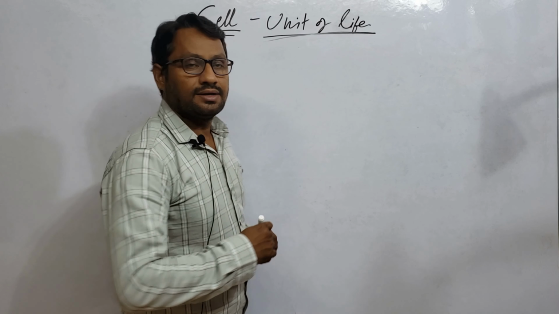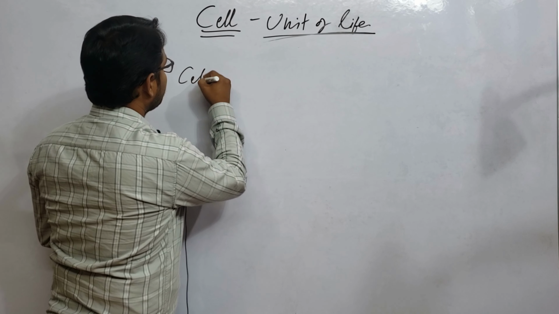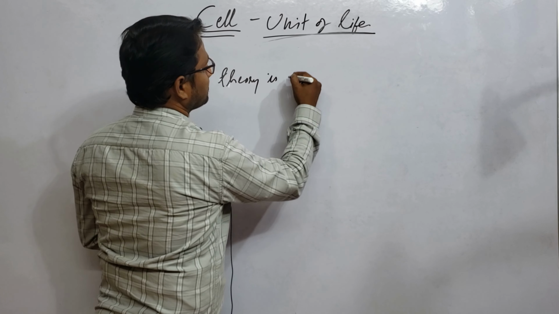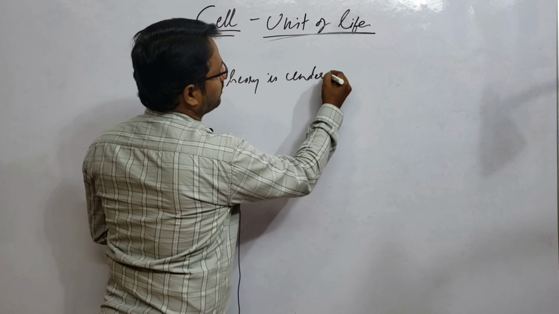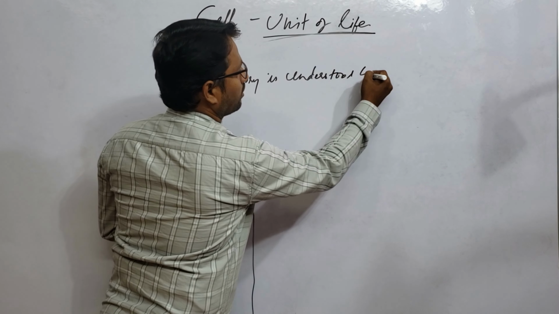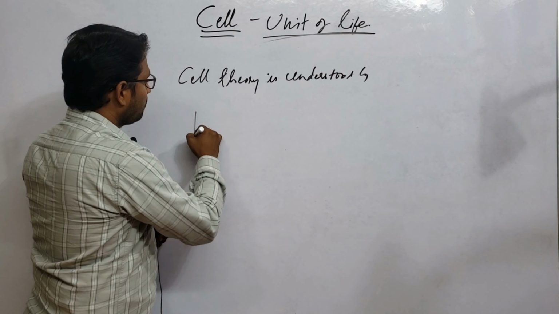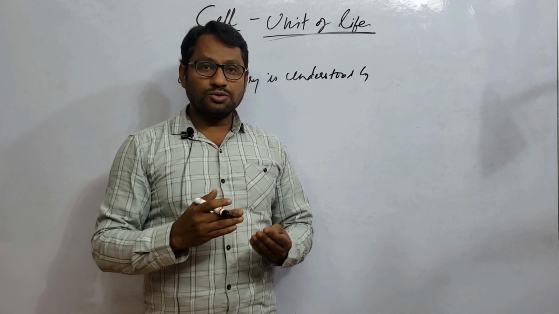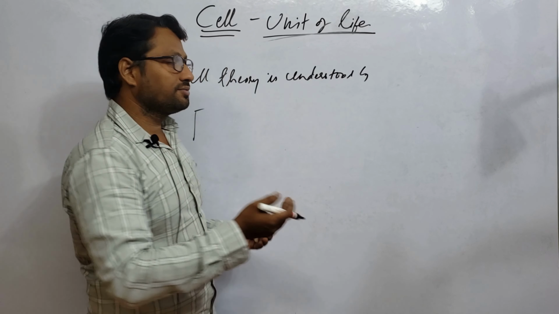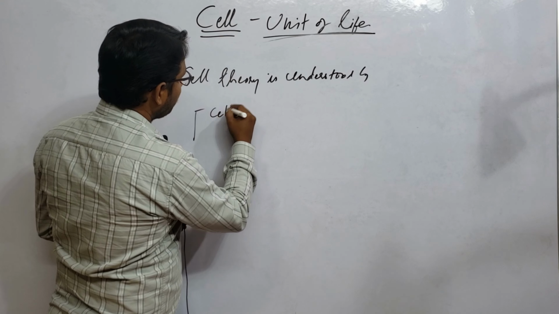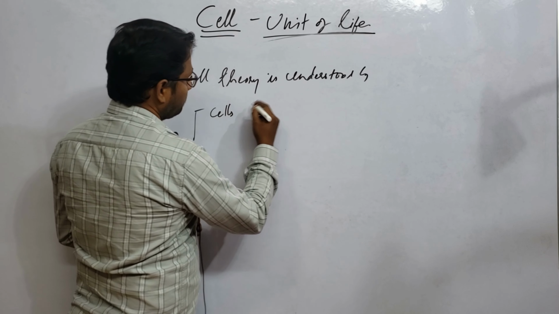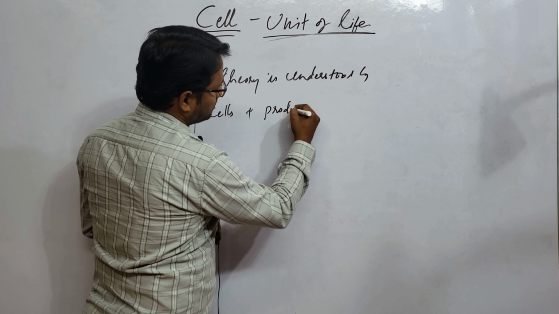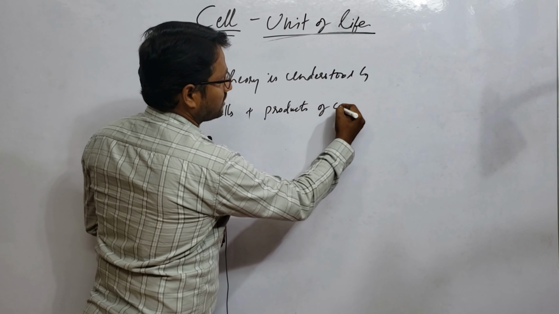So cell theory is understood by two factors. One is all living organisms are composed of cells and products of cells.